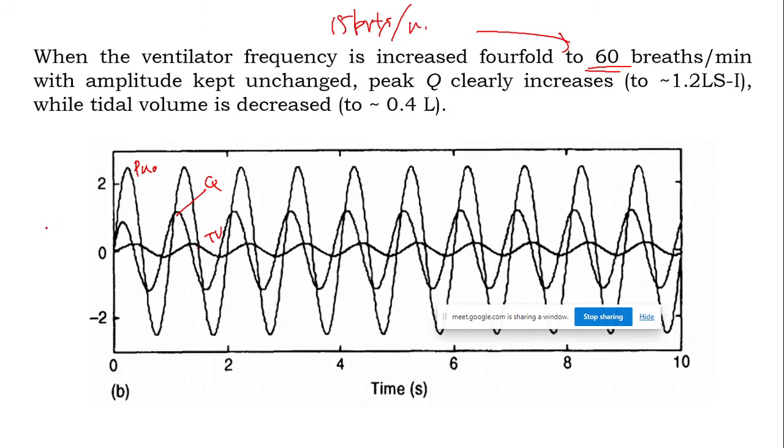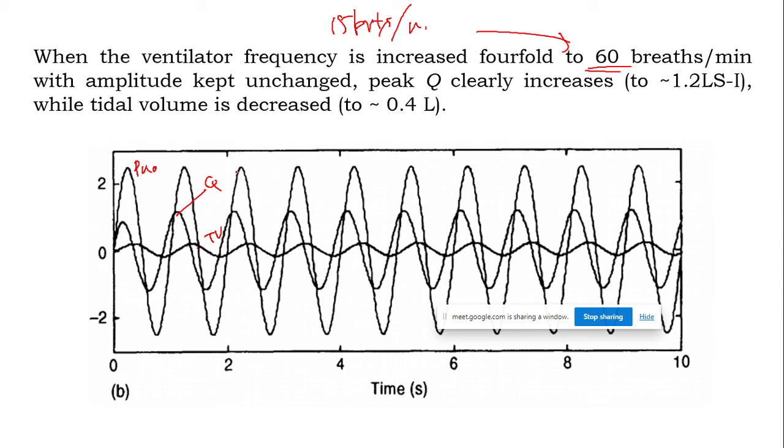Whereas when you increase the input flow rate to 60 breaths per minute, proportionately when the input has increased, the output flow is also increased. But now it is trying to be in phase with your PAO. Before it was leading, now it is moving closely towards in phase.